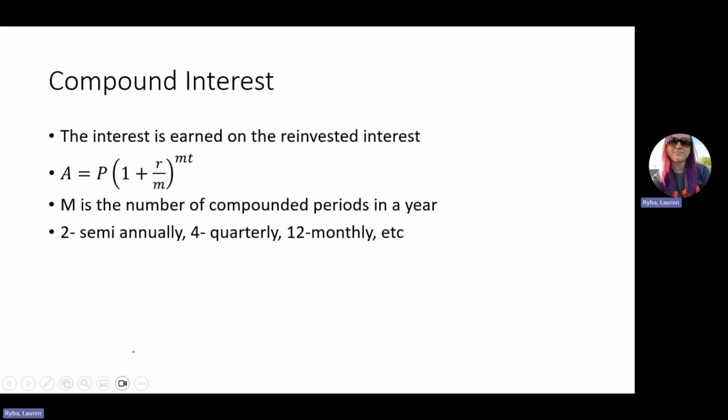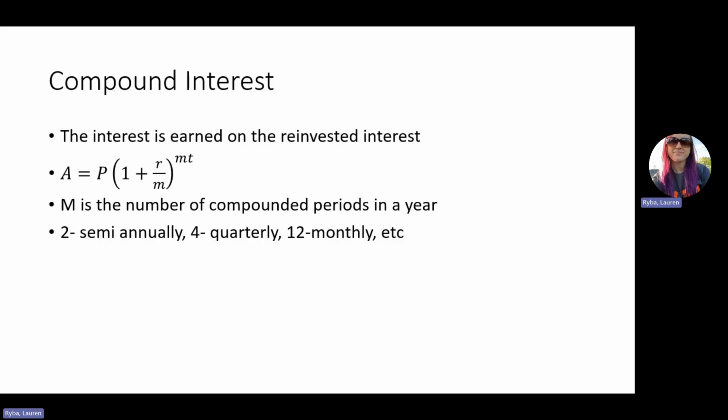When we talk about compound interest, the interest that is earned is then called a reinvested interest. So when you put money in a bank and you have a savings account, the interest that is there is compound interest. So at the end of the month, you can earn a few cents.